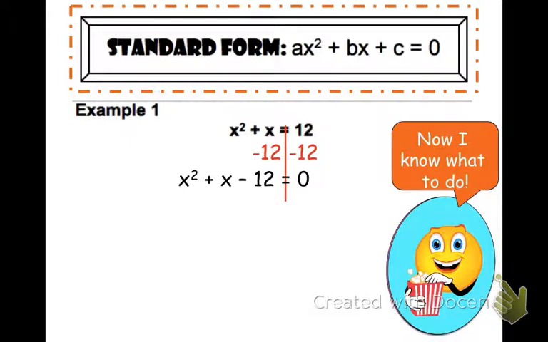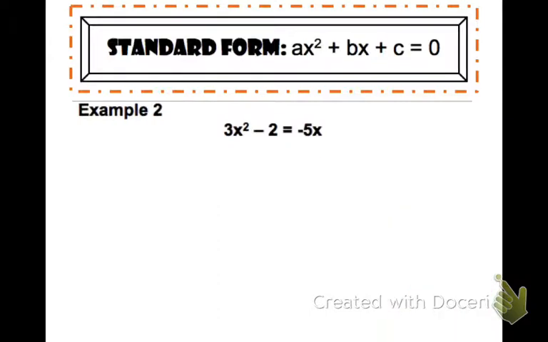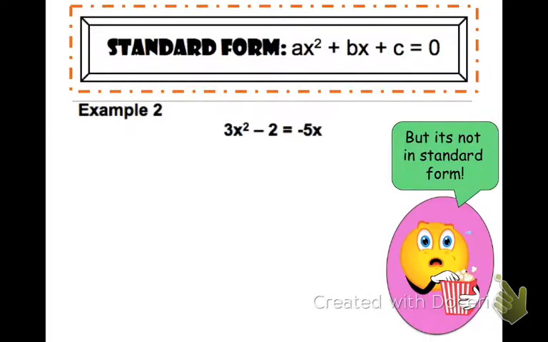Let's go ahead and do number two. So once again, we have one of the terms on the right side. And we're going to take that term and move it over. So the negative 5x needs to move back to the left because I want that 0 on the right to use the zero product property. So in order to eliminate negative 5x, we do plus 5x because it is not in standard form.